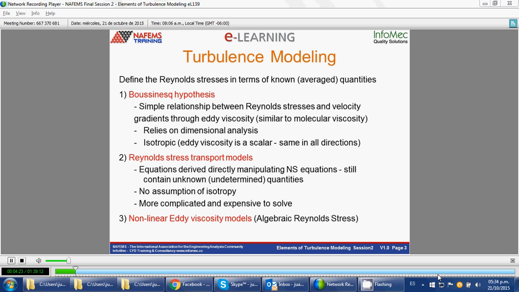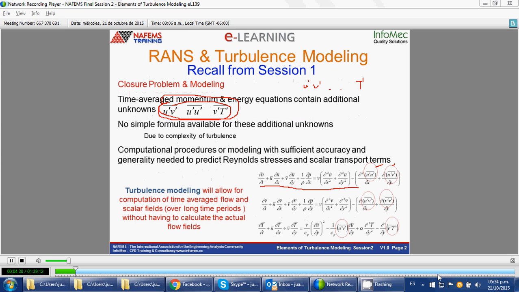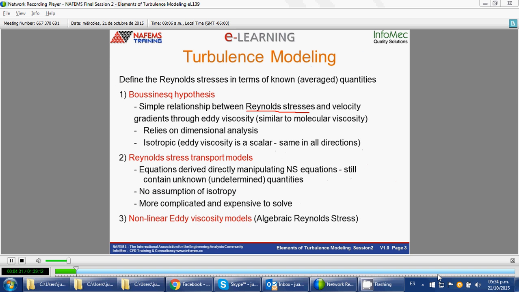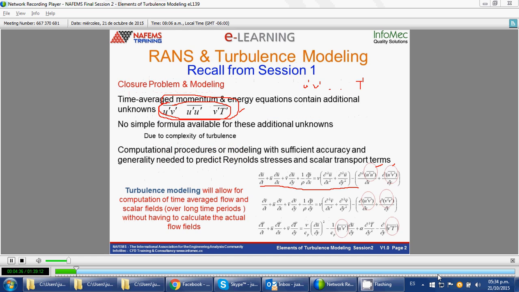What it says is to create a relationship between these Reynolds stresses, these terms that we're talking about, and the velocity gradient. If you could create equations that look like these terms in the equation, with these velocity gradients, then we probably have something here.